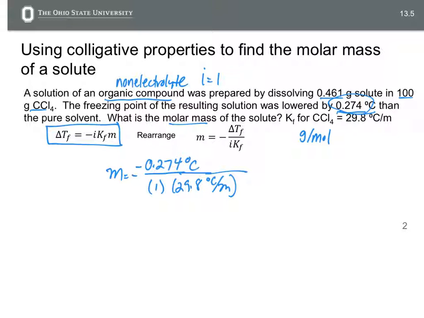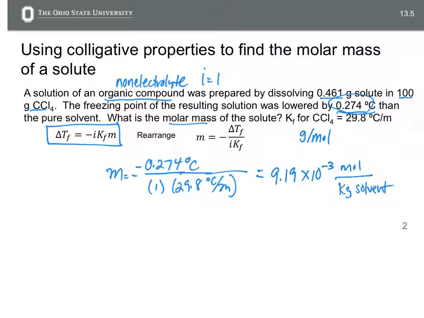When we work through our units, we're going to end up with 1 over molality, which is molality, which is good. And we should get 9.19 times 10 to the minus 3 moles of the compound per kilogram of solvent. Okay, that's just restating the units on molality.